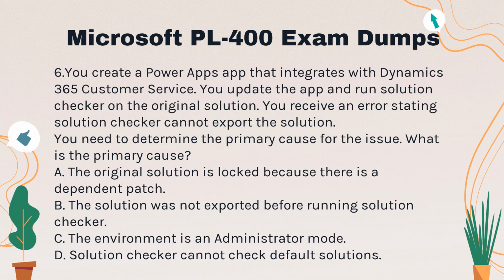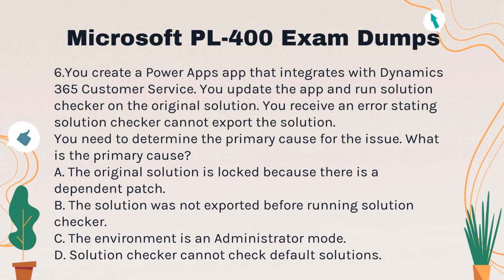6. You create a Power Apps app that integrates with Dynamics 365 customer service. You update the app and run Solution Checker on the original solution. You receive an error stating Solution Checker cannot export the solution. You need to determine the primary cause for the issue.